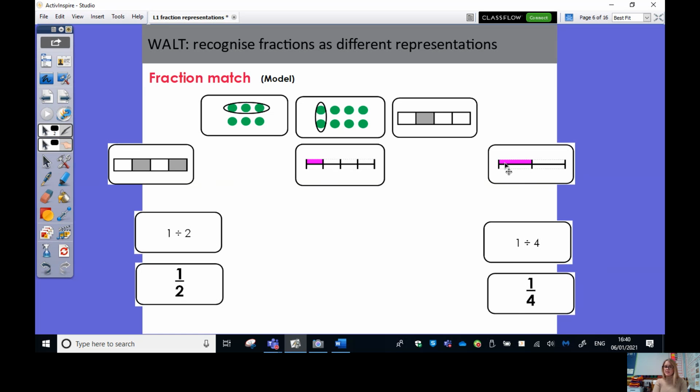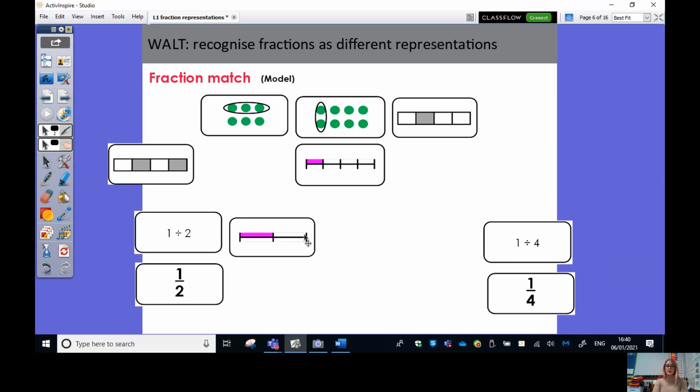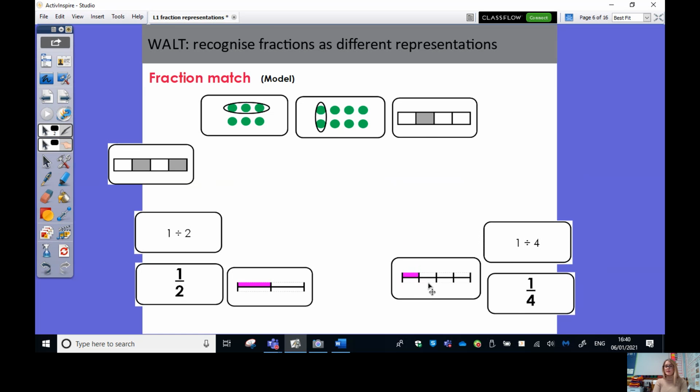This one here, I can see has 1, 2 equal parts. So that must be the same as a half, and 1 part is shaded in. This one has 1, 2, 3, 4 parts, and one of them is shaded. So because it's in 4 equal parts, I know that is going to be the same as a quarter.